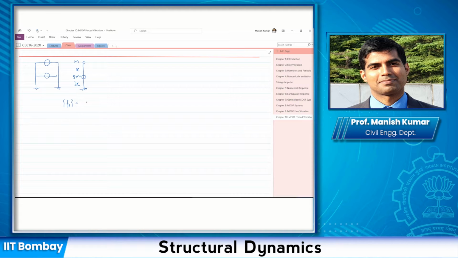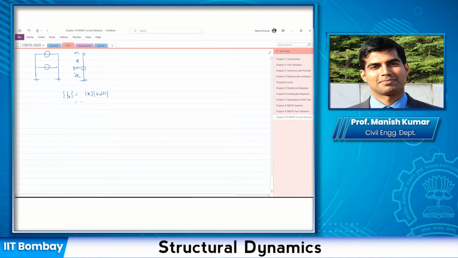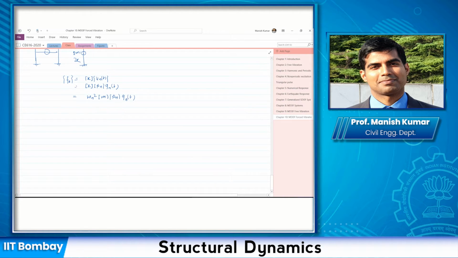Remember, equivalent static force is always stiffness times displacement. If it's the nth mode, K_n times U_n is nothing but phi_n times Q_n(t), and K_n is omega_n squared m times phi_n times Q_n(t). So you can use this expression to find the equivalent static forces.